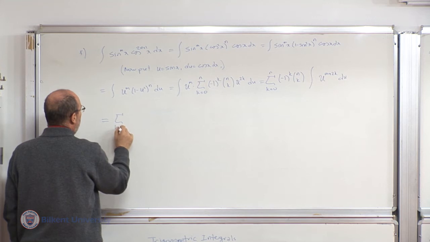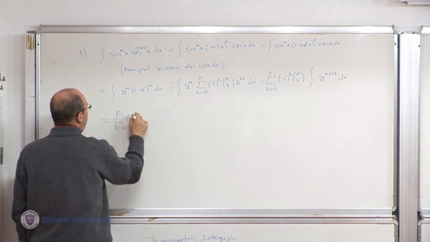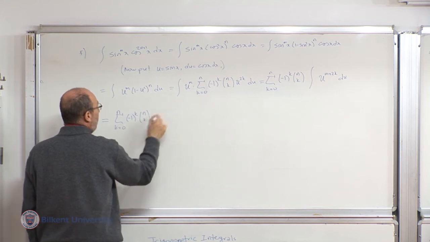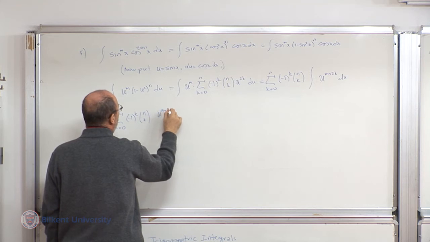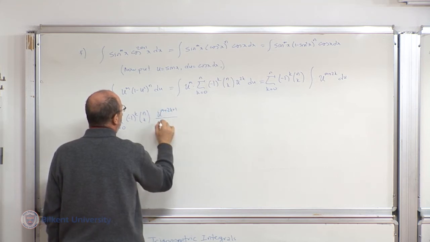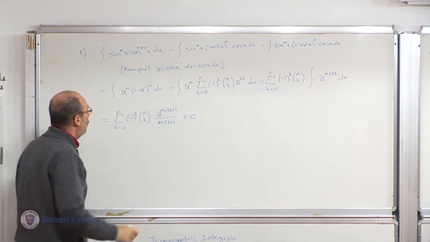We integrate this: it is u to the power m plus 2k plus 1 over m plus 2k plus 1, plus a constant.